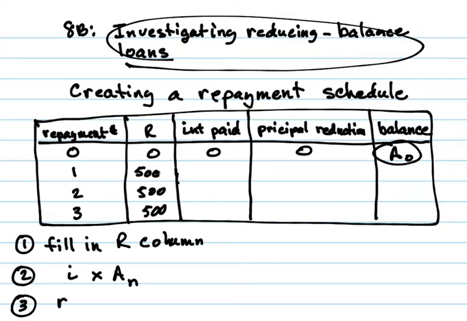So we're just simply going to take the repayment minus the interest, right? And that just gives us how much is being paid. So how much of the actual money that you paid is going toward reducing your balance, right? You just subtract how much they added on from what you paid.